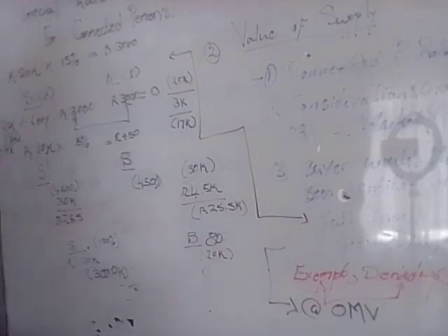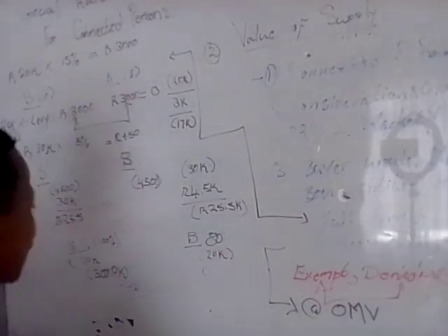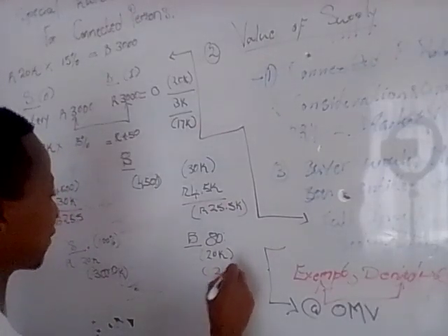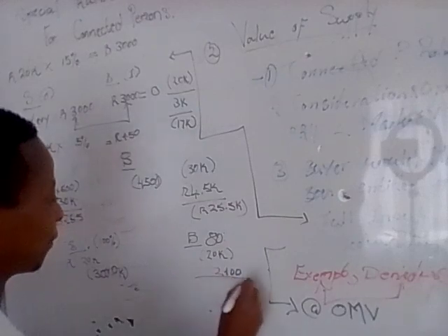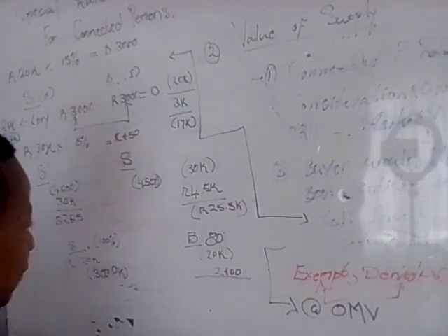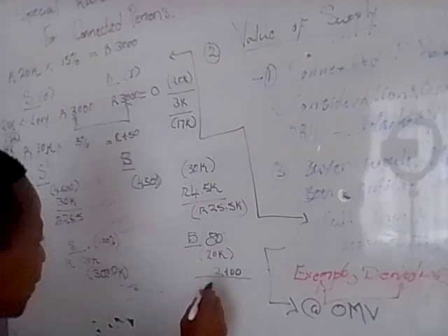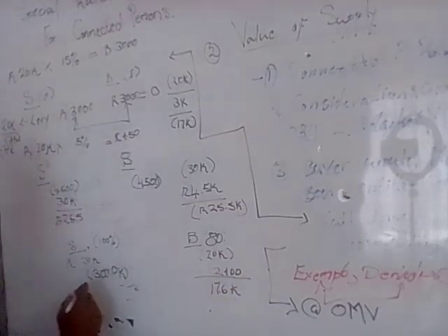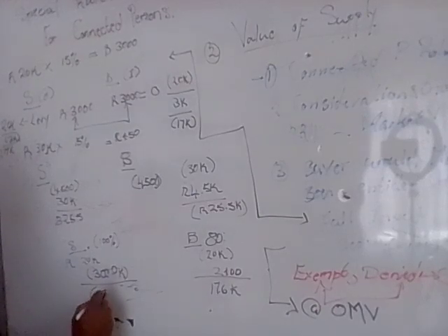So 0.8 times 3,000, you would claim VAT here of 2,400 basically. So his net would have been that he would have spent 17,600, whereas this side would have still been the 17k.